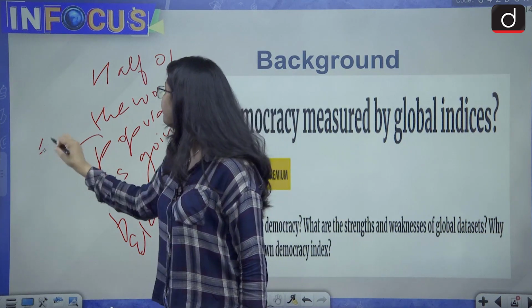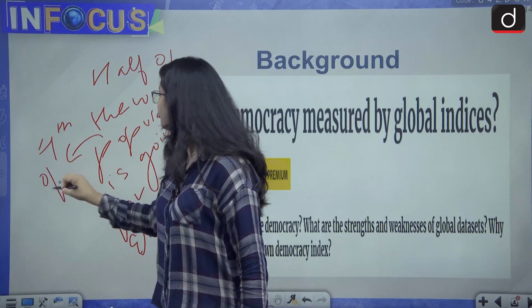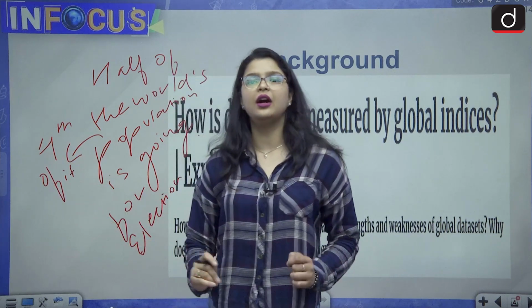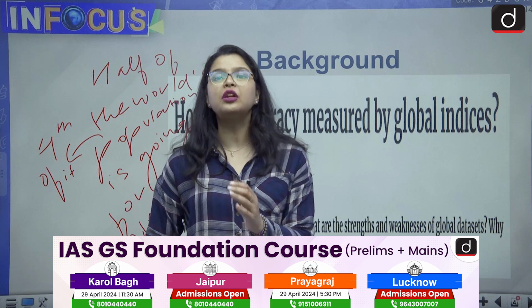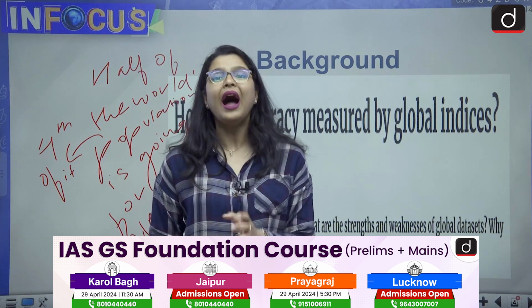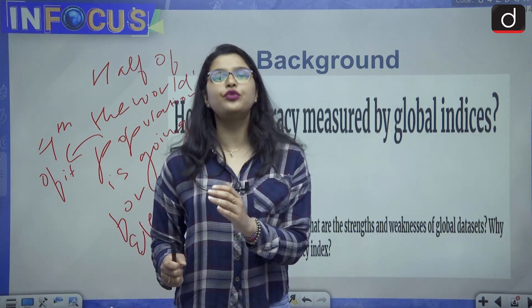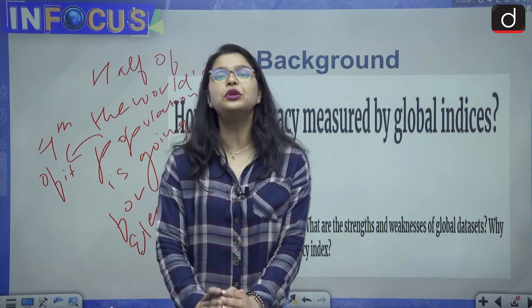And a fourth of it lives in India. So the general elections that are going to take place in India are really a litmus test for democracy in the year 2024.